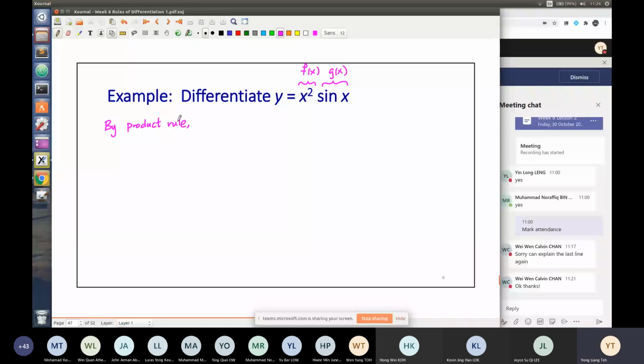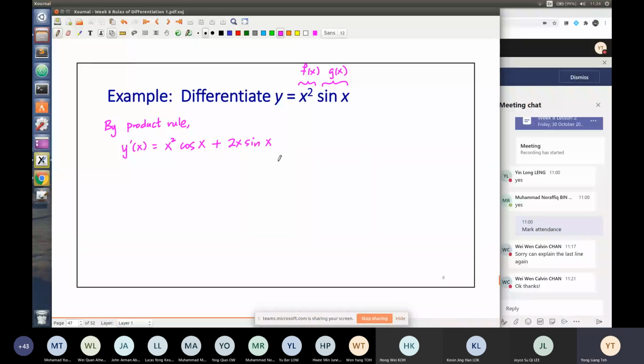So hence, what is my y prime? My y prime of x is just hold x squared. Doesn't matter which one you hold first. Then differentiate sine x. So just now we mentioned that the differential of sine x is just cosine x. Plus, differentiate x squared, get 2x, and then just hold sine x.